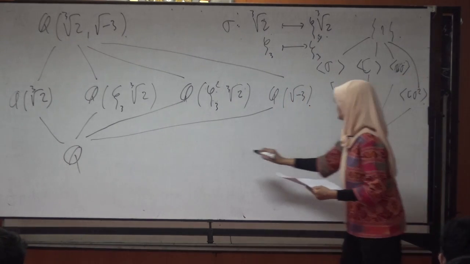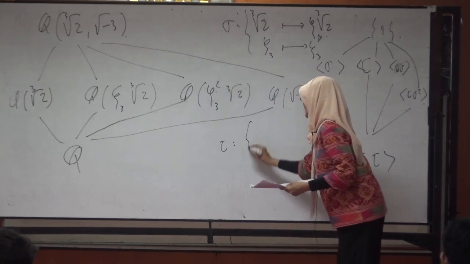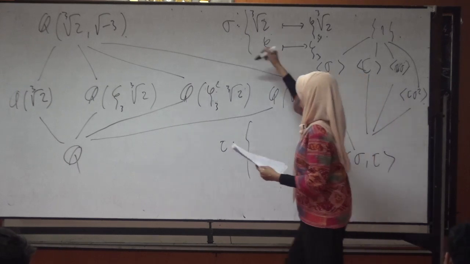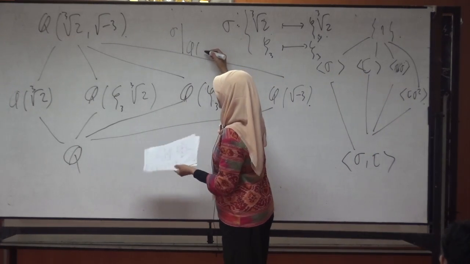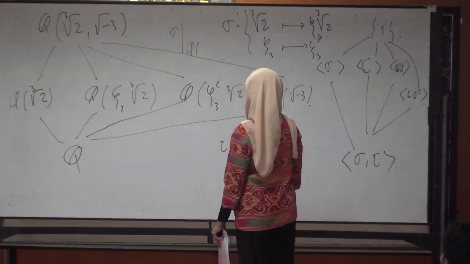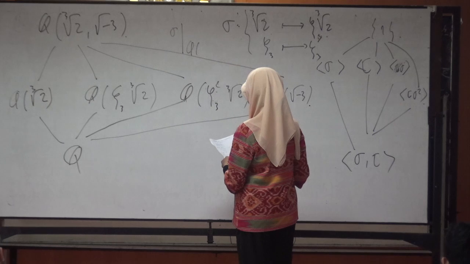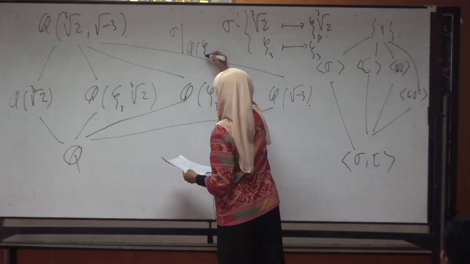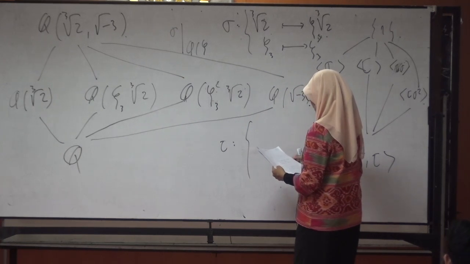And this tau, this is the definition of the automorphism. So the sigma restricts to Q, it's a sigma.